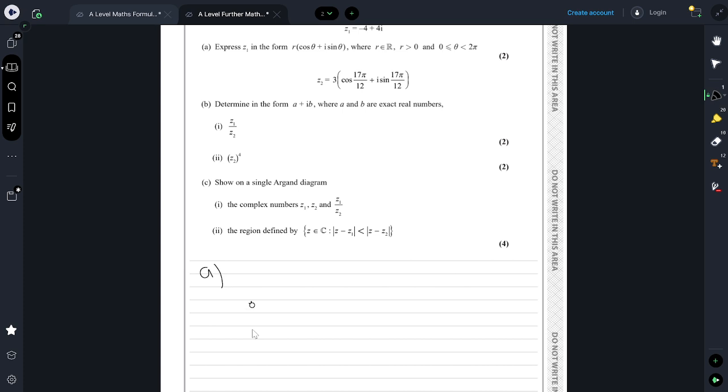So this is obviously the real axis and the imaginary. So -4 would be over here, and 4i would be up here.